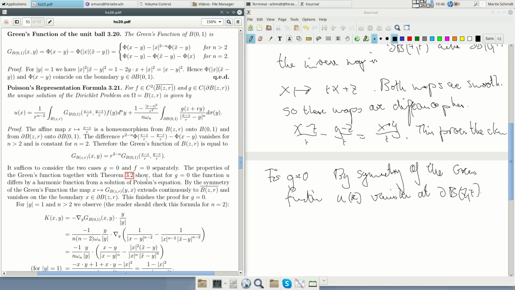So now by the first property, the function u differs by a harmonic function from a solution of Poisson's equation. One should keep in mind that both the Green's function and phi are symmetric. So this property is not only the case as a function depending on y, it's also the case as a function depending on x.